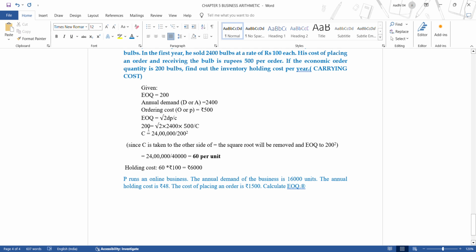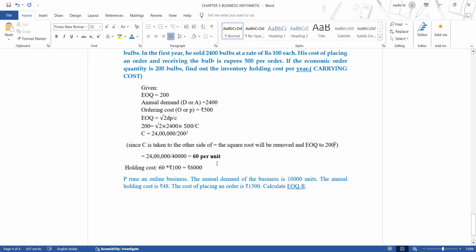When EOQ is coming to the denominator of the formula, EOQ will be squared because there is a square root. So that is why EOQ is being squared. When you are squaring the EOQ, the root will be removed. So 24 lakh means 2 into 2,400 into 500 is 24 lakh divided by the square of 200, that is 40,000. So 60 per unit.